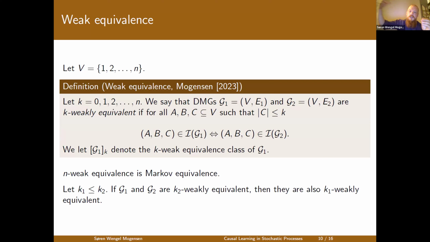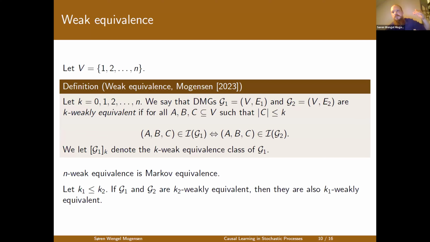But this kind of solves all of our computational problems, or at least we can get into the realm of polynomial time algorithms. And just from the definition, it follows that if I take k1 smaller than k2, then if two graphs are k2 weakly equivalent, they are also k1 weakly equivalent. So you get this hierarchy where choosing a k just lets you choose how granular your graphical modeling is going to be.